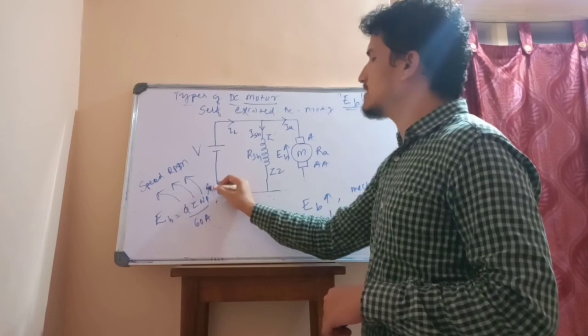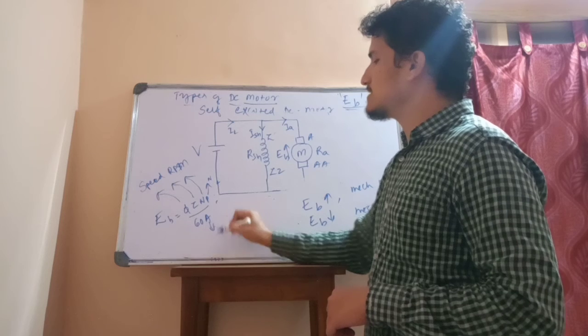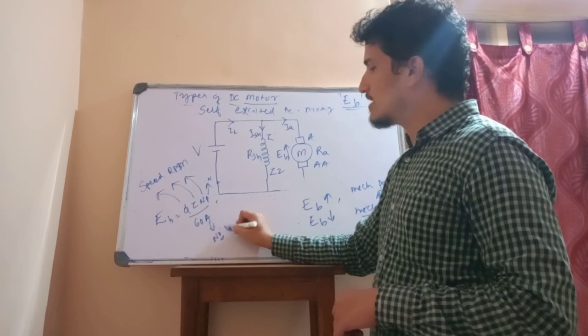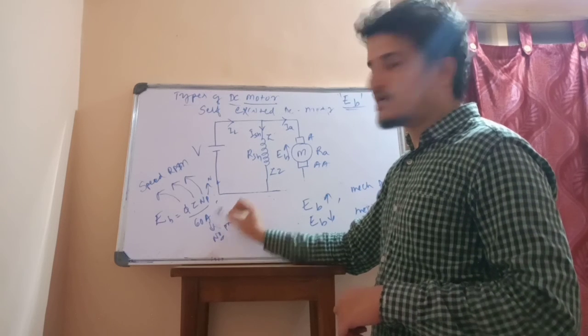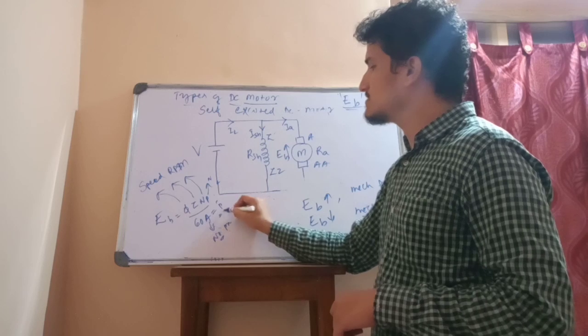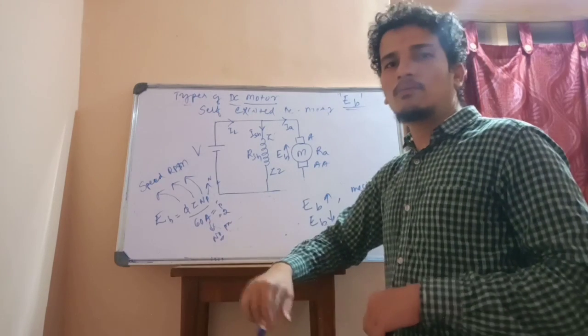P means the number of poles. A means the number of parallel paths; this is not current. If it is a lap winding, as I have told you, A is equal to P. If it is a wave winding, A is equal to 2. These things you have to remember.